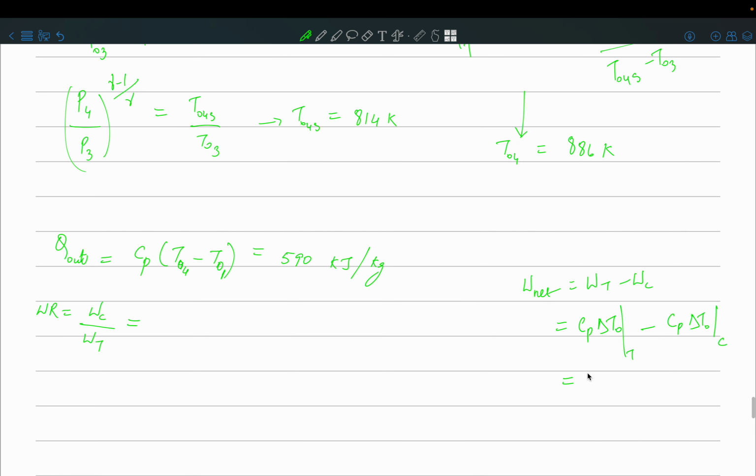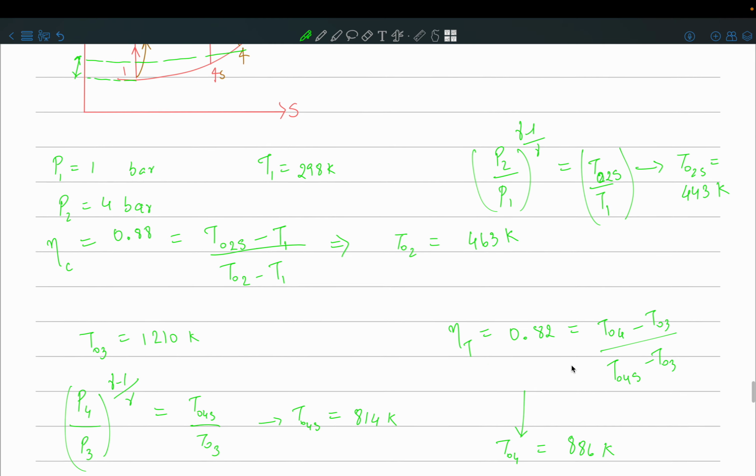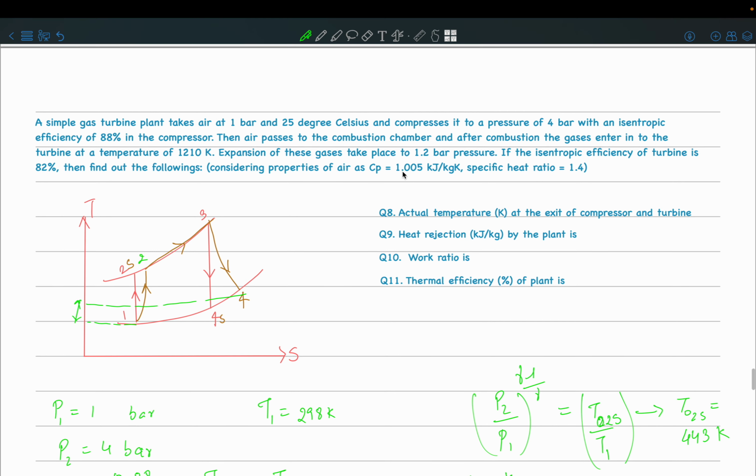Oh, I could not hear that. No, that's not what I have. So what Cp value have you used? Cp value is 1.005 kilojoule per kg Kelvin. Anyone else? Is everyone else calculating? Are you getting the answers?